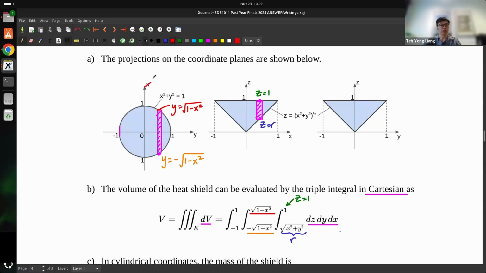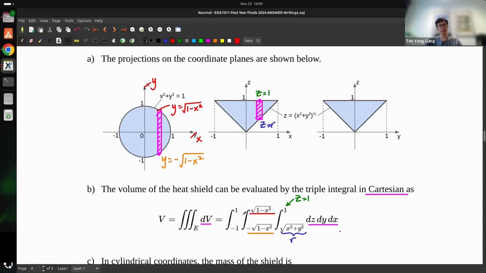So this should be y and this should be x. Doesn't matter. If you swap, it's actually the same meaning. If you swap, it is still the unit disk, just that the element here you have to draw horizontal. But never mind. Let me just swap this back to the standard, y being vertical and x being horizontal. So yeah, that's it.